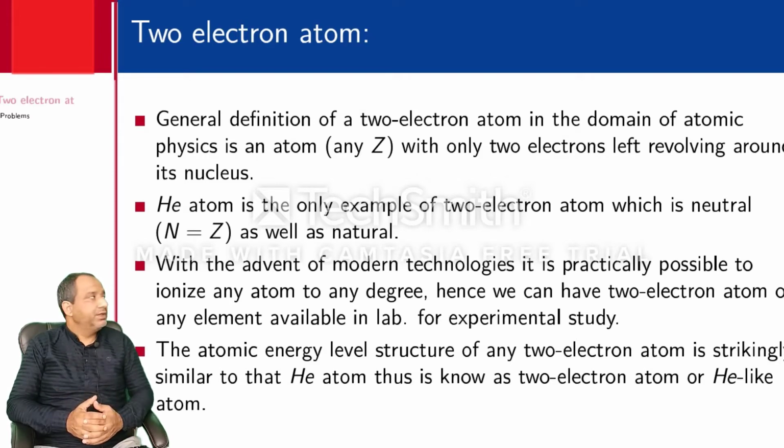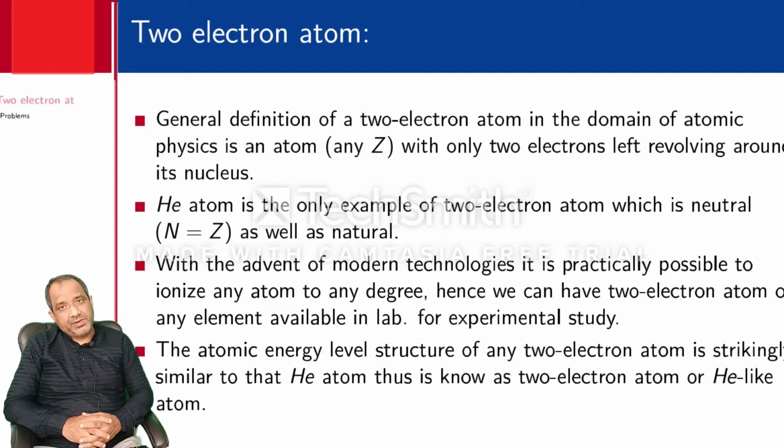new technologies we can ionize any atom to any degree. So you can have a 2-electron atom of any atom. For example, you can ionize a uranium atom 90 times easily these days. So you will be having helium-like uranium.